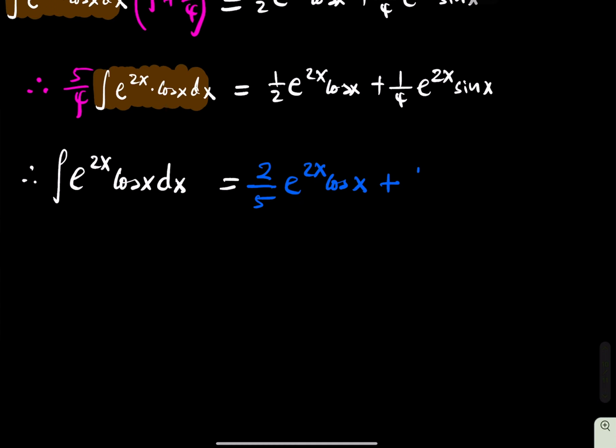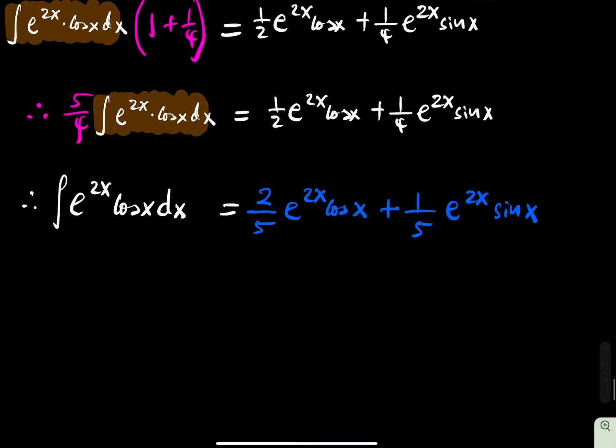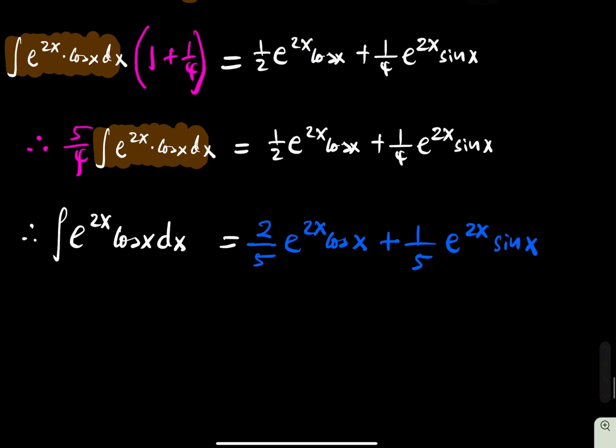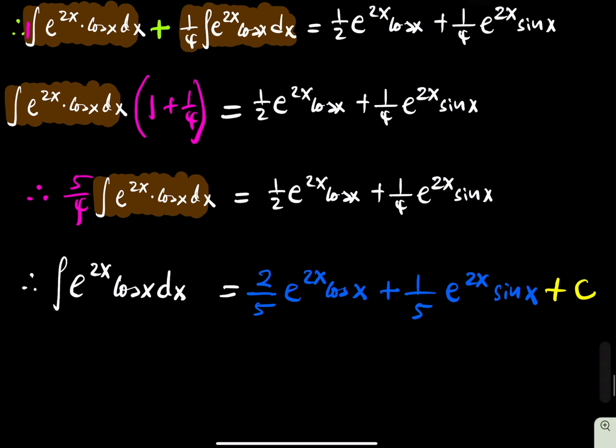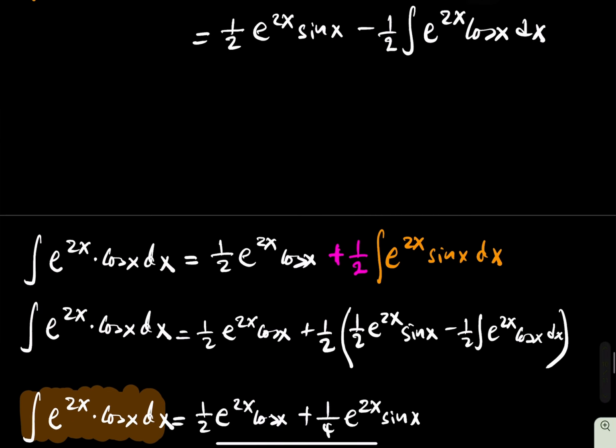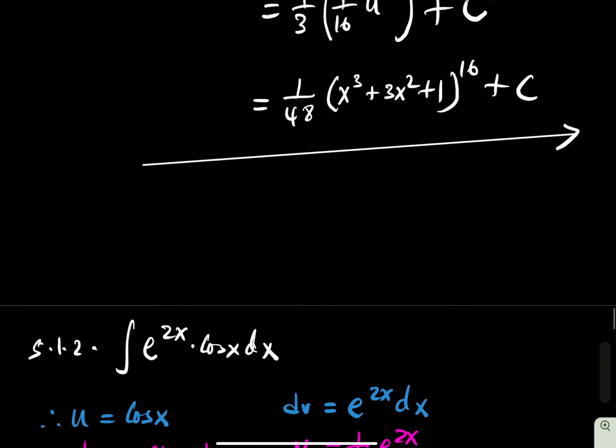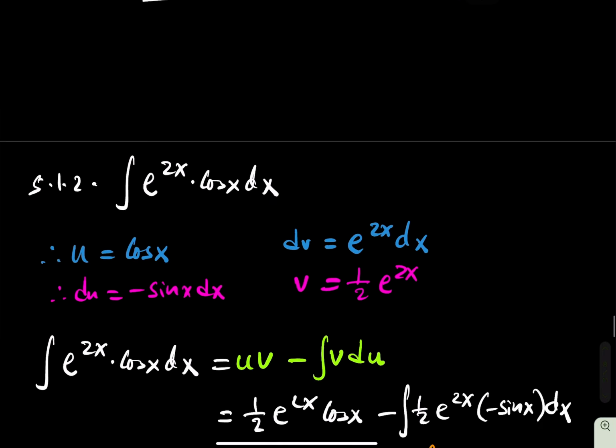That gives me 1 over 5, then of e to the power 2x sine x. And don't forget to write plus c here. I hope I didn't forget on the other one. I think it's the first one, yeah, I didn't forget to write plus c there. That is your plus c.